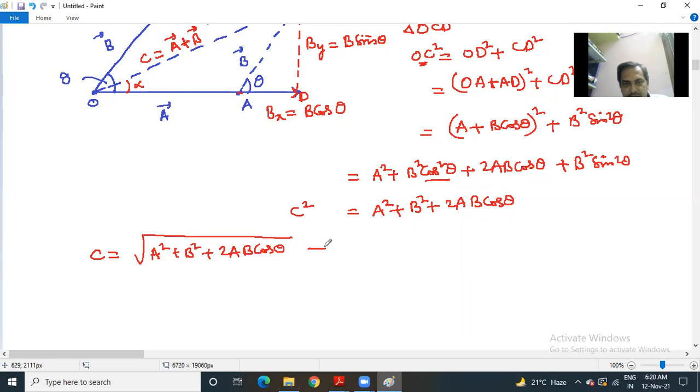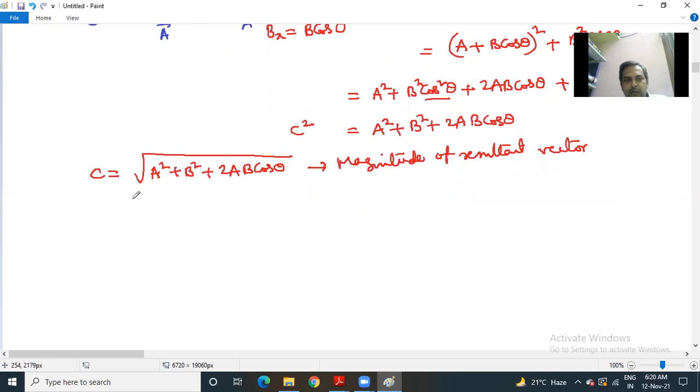So C is called the magnitude of the resultant vector. In friction, in Newton's laws of motion, even in motion in a straight line and motion in a plane, you will get numericals. For example, in Newton's laws of motion there is a concept called apparent weight.